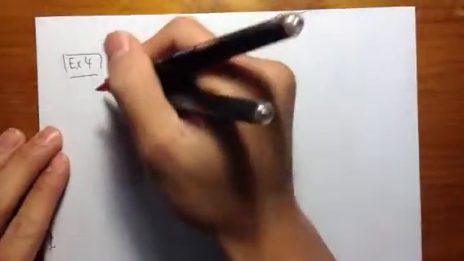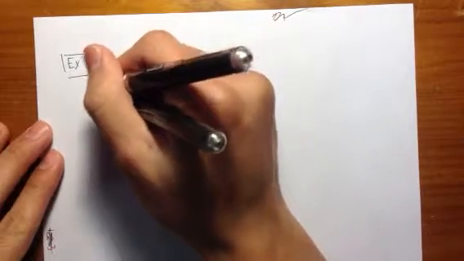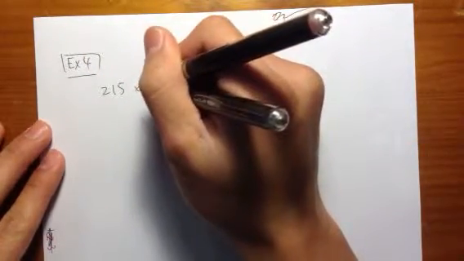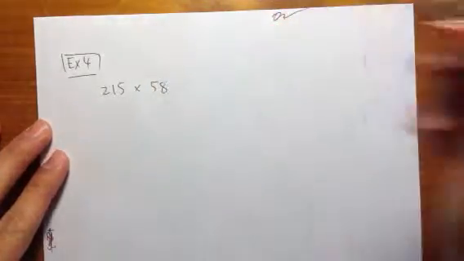Let's do one more. So that's example number 4. Let's do 215 times 58, I think.